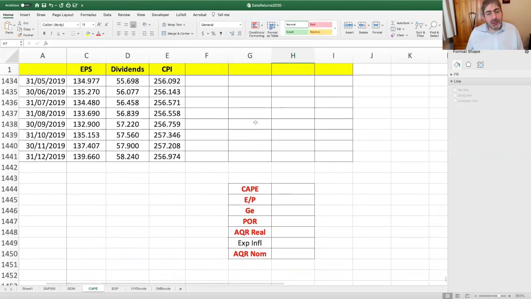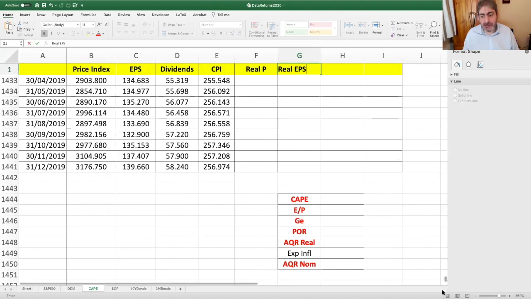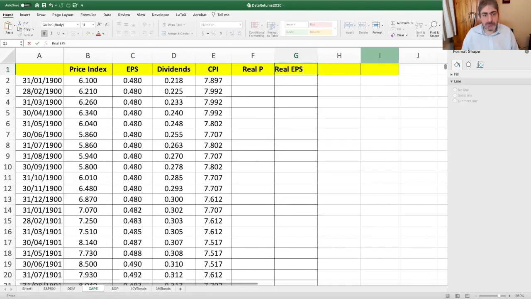So first of all, we need to calculate the CAPE. And to calculate the CAPE, we need the real price and the real EPS. Okay, we already know how to do that. So we know that real price is simply the price today times the CPI of the last period, 11441, I remember that, divided by the CPI today.